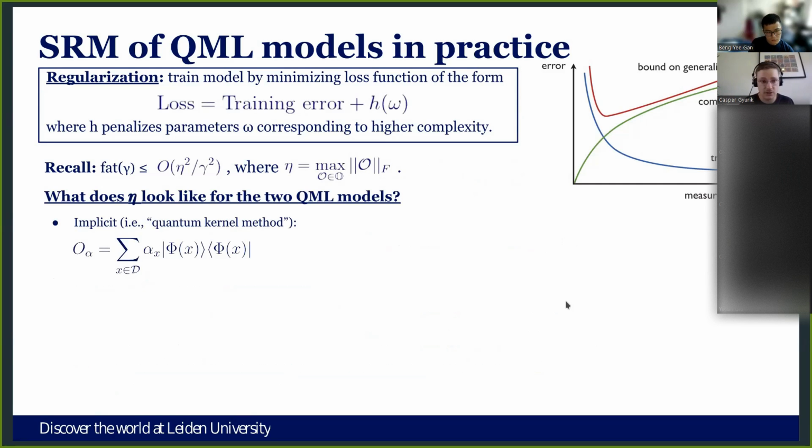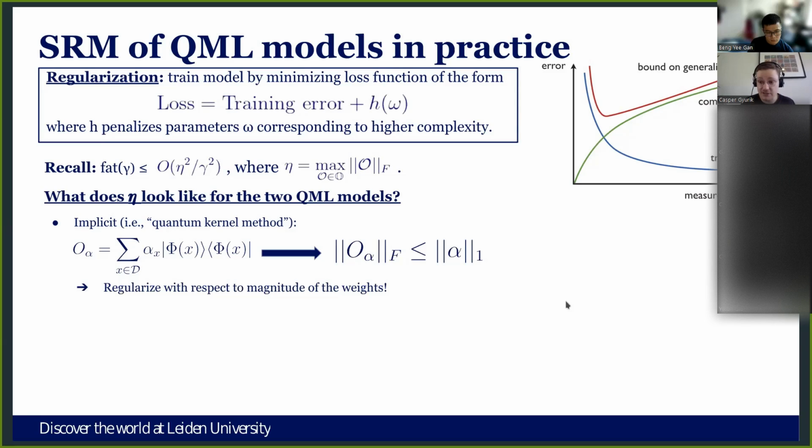We again look at the implicit model, and we find here that the Frobenius norm is upper bounded by the one norm of the weights alpha that I use in my kernel. What this means is that the function h that we would like to find would simply be the one norm of the alphas, the weights that I use in my implicit quantum machine learning model.